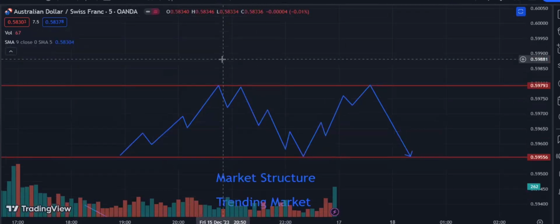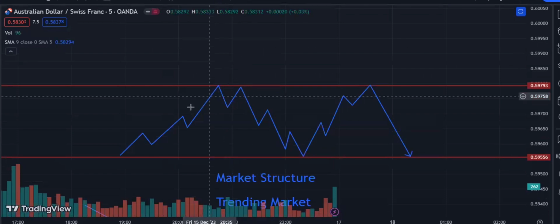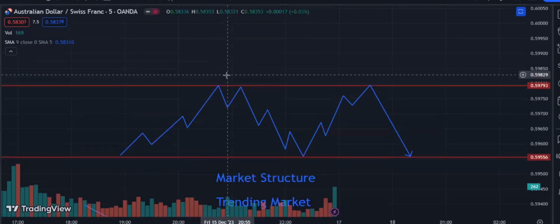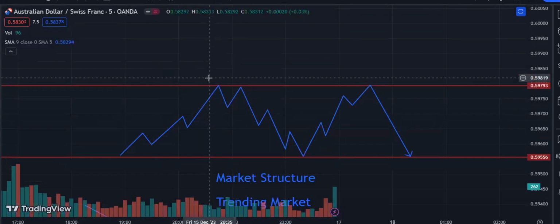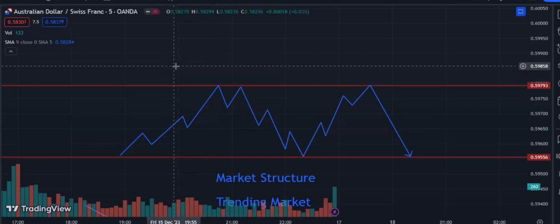The market does not make such patterns or such movements. Rather, the market makes an up, down, sideways movement. When it stops making these consecutive peaks, we say that the market is ranging.